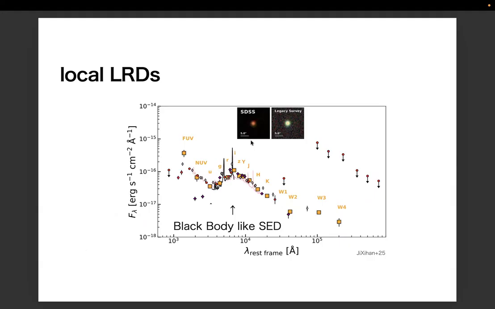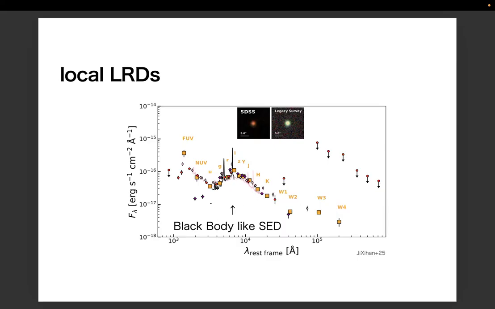The interesting thing is that you see the weak mid-infrared here. It has a peak around 1 micron, which is different from normal AGNs, which have a peak around 10 microns or so. So it has shorter wavelengths.